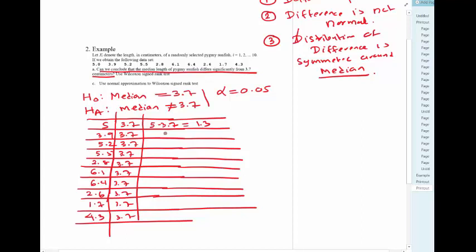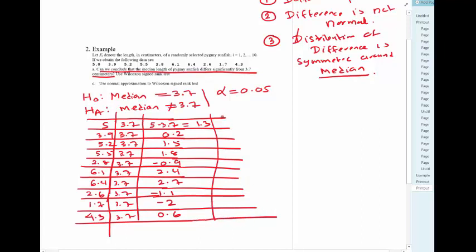And when I do the next one, I'll get 0.2, 1.5, 1.8, 0.9, negative 0.9, 2.4, 2.7, and negative 1.1, negative 2, and 0.6. Okay, so I have this.